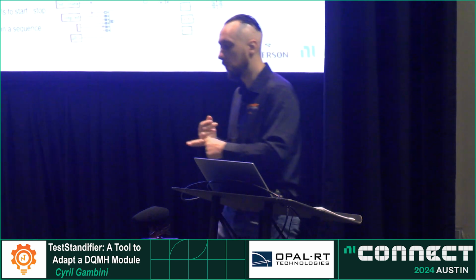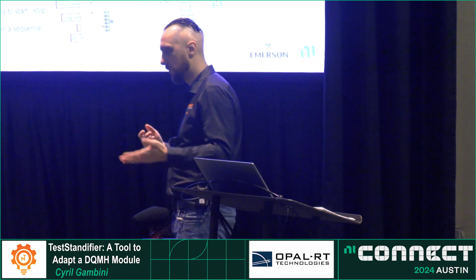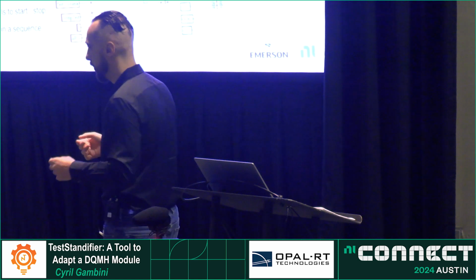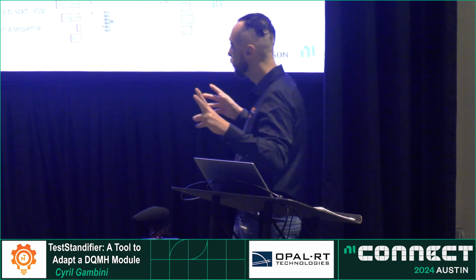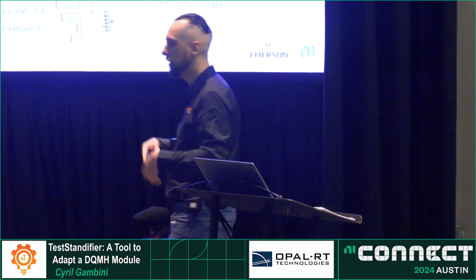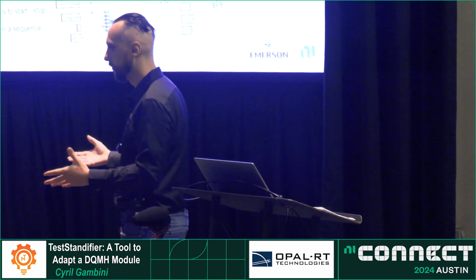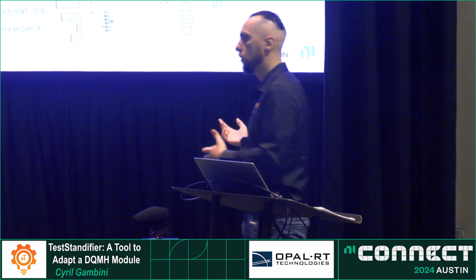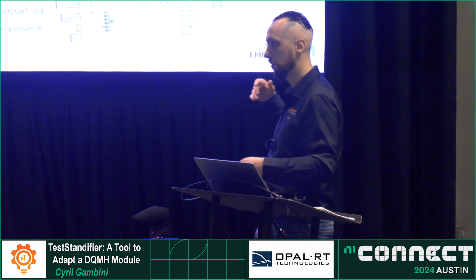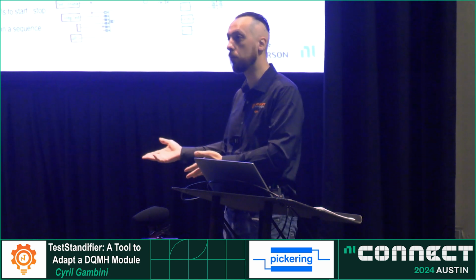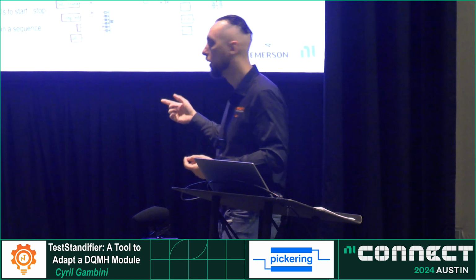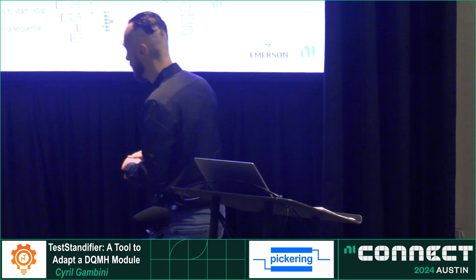I told you before, if you add a breakpoint into your sequence and you press F8 to enter into your VI, in traditional test programming, you will actually see the code that will be performed. With DQMH, what you will see is a request, which doesn't give you much more information of what's going on when the request will actually be sent to your module.